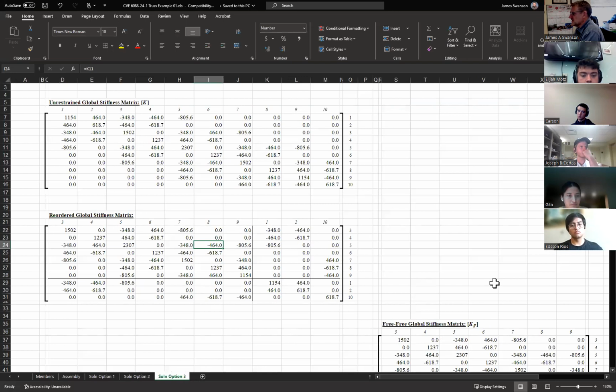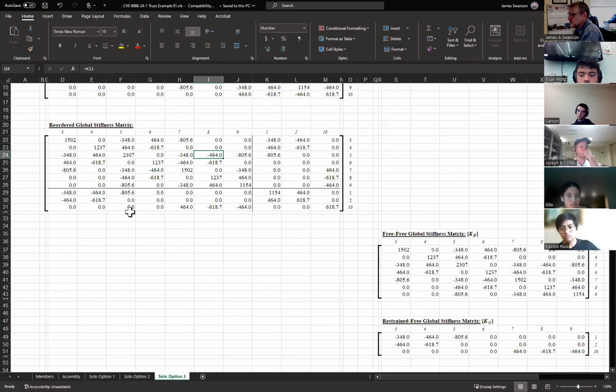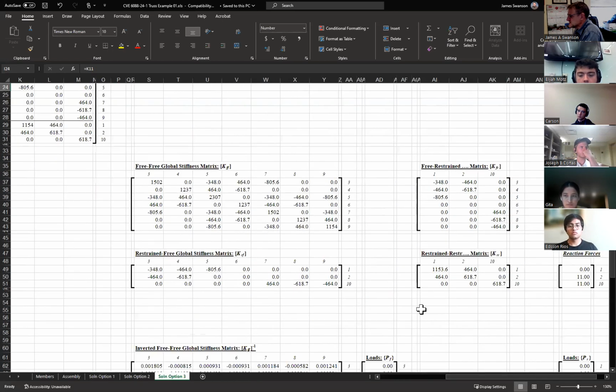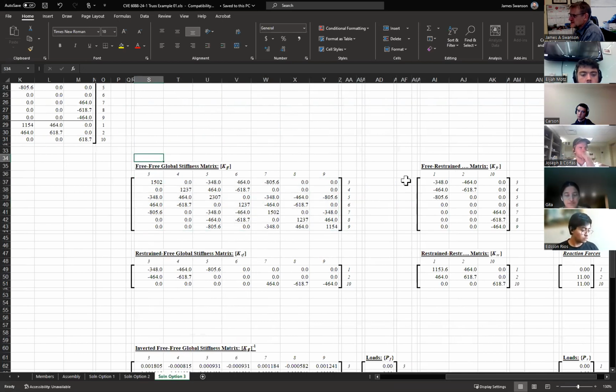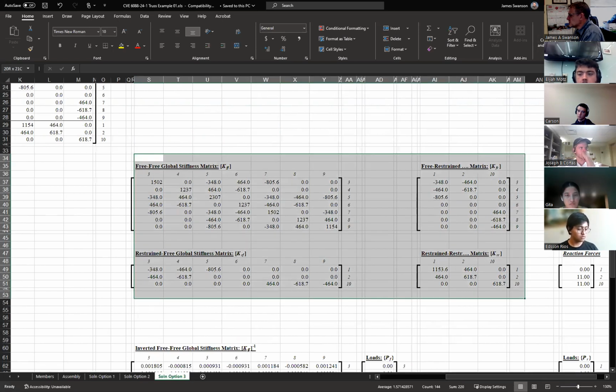Then I'm breaking this out a little bit. I have one matrix here that has some lines in it to represent the partitions, and then here I break it out into 4 different matrices. This step in the solution is probably a little bit extraneous. There's really no need to do this in Excel to get the answer.